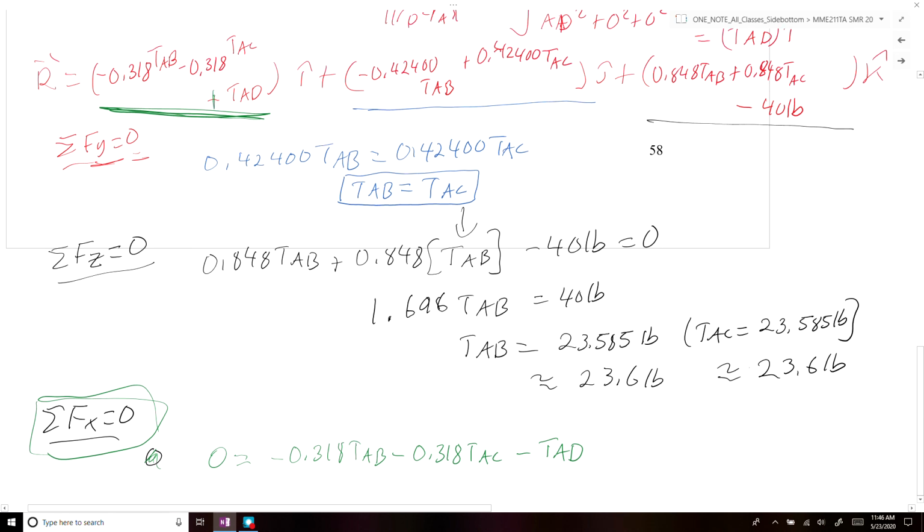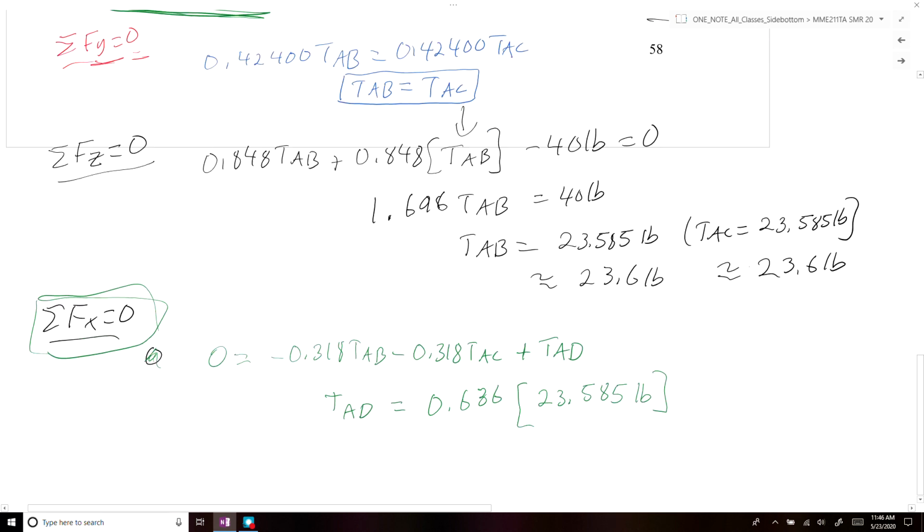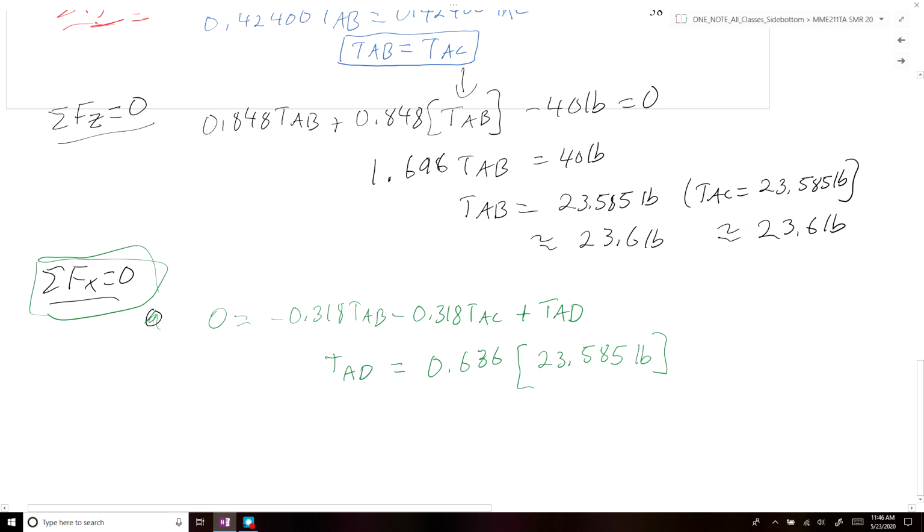Sorry, this should be a plus up here. TAD is going along the positive x-axis. So we can rearrange this and TAD is going to be equal to 0.636 times TAC, which we know is equal to 23.585 pounds. We end up getting 15.0 pounds for TAD.